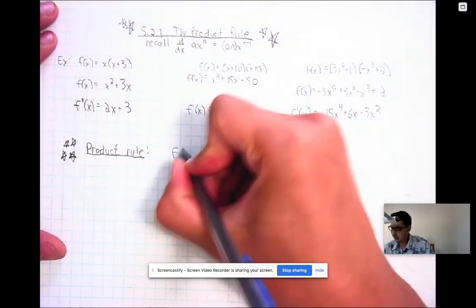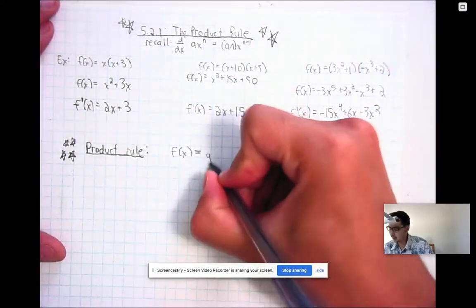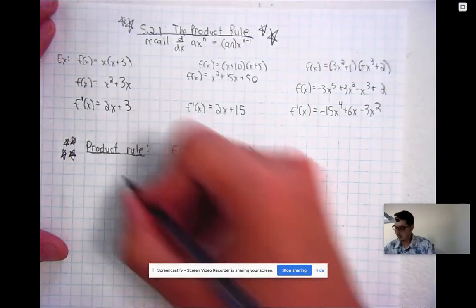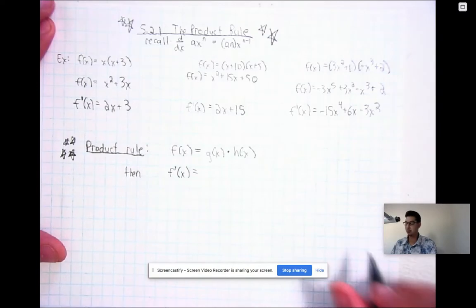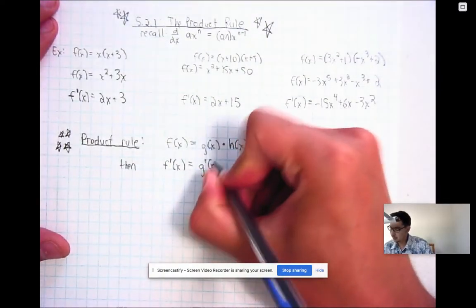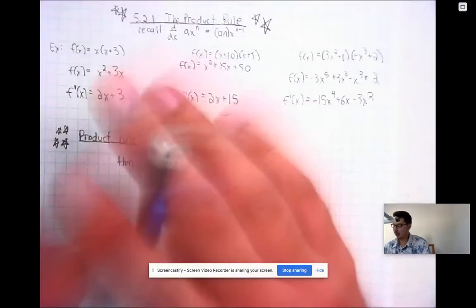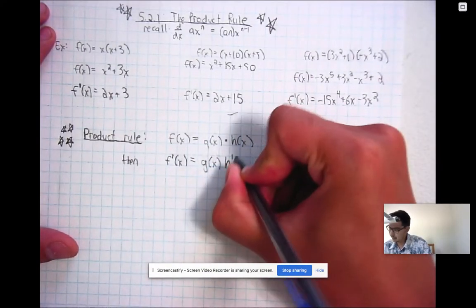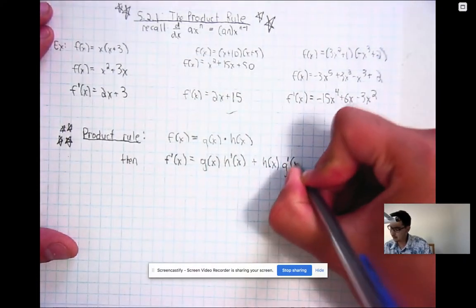If you have a function f of x, which is equal to, and there's 2 functions that make it up, g of x times h of x, so there's 2 functions multiplying each other, then f prime of x, if you want to take the derivative of that function, well, what you have is it's the derivative, the first, times the derivative of the second, plus the second times the derivative of the first.